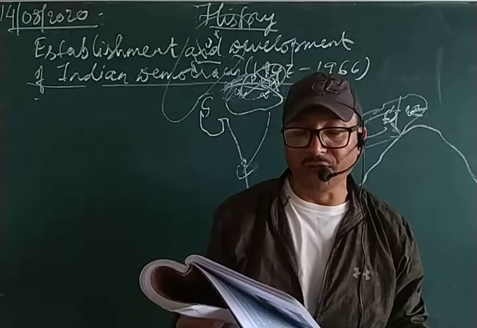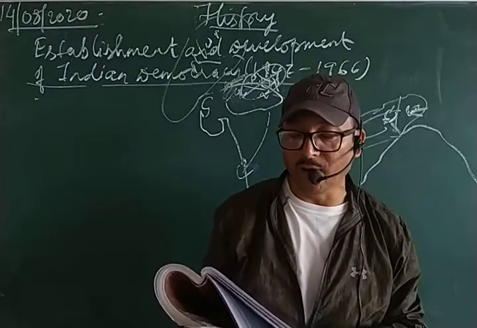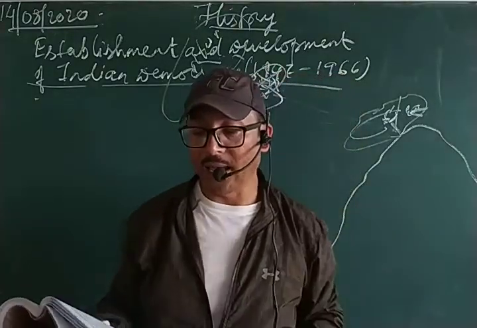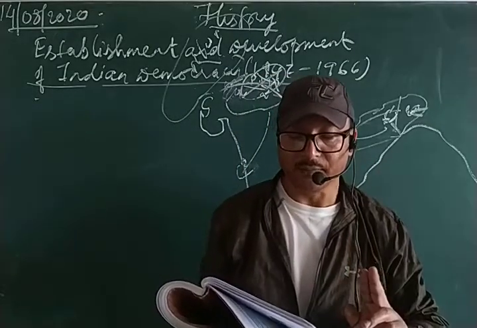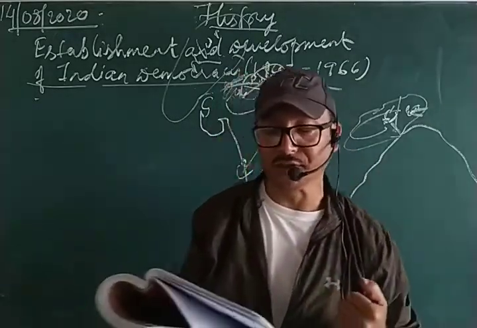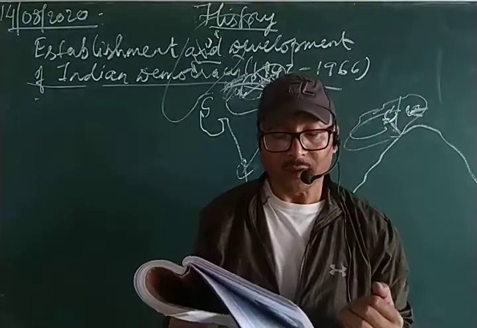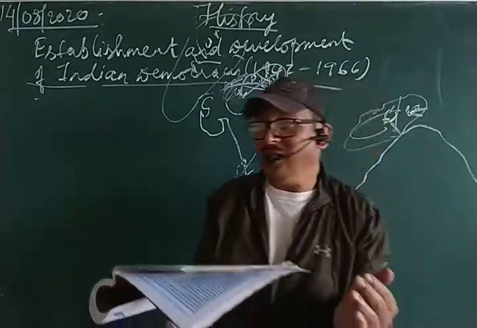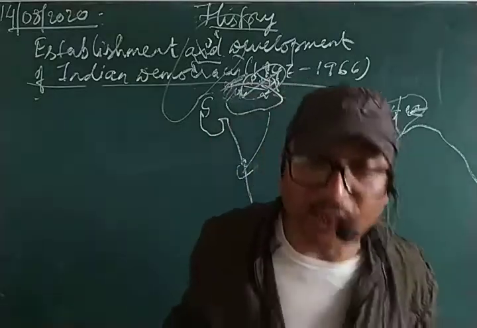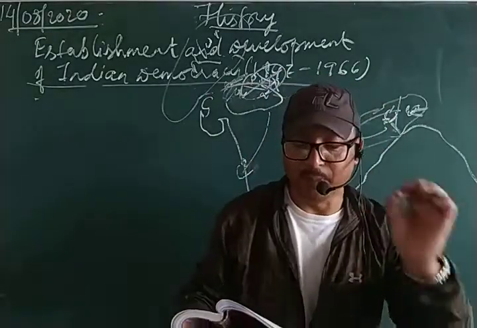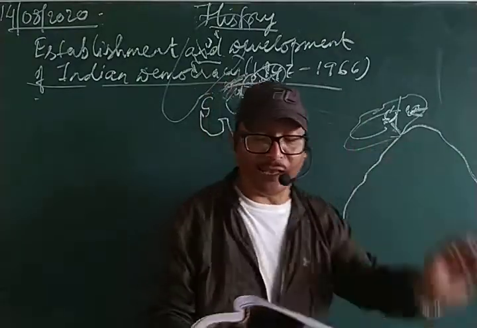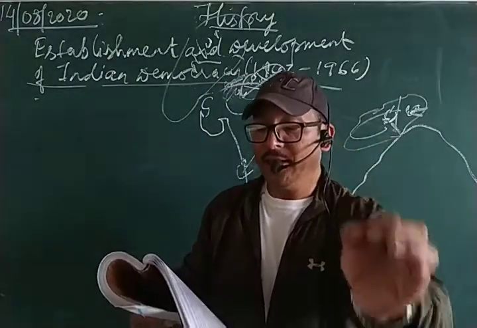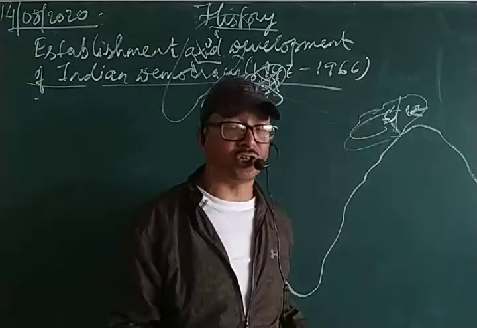Unlike the Punjabi refugees, a number of Sindh people were able to move away with their possessions like gold and cash. The refugees of Sindh were not like the Punjabi refugees, because when the Punjabi refugees left their place, they didn't have anything with them. But these Sindh people, when they left Sindh and entered India, came with their gold and cash.